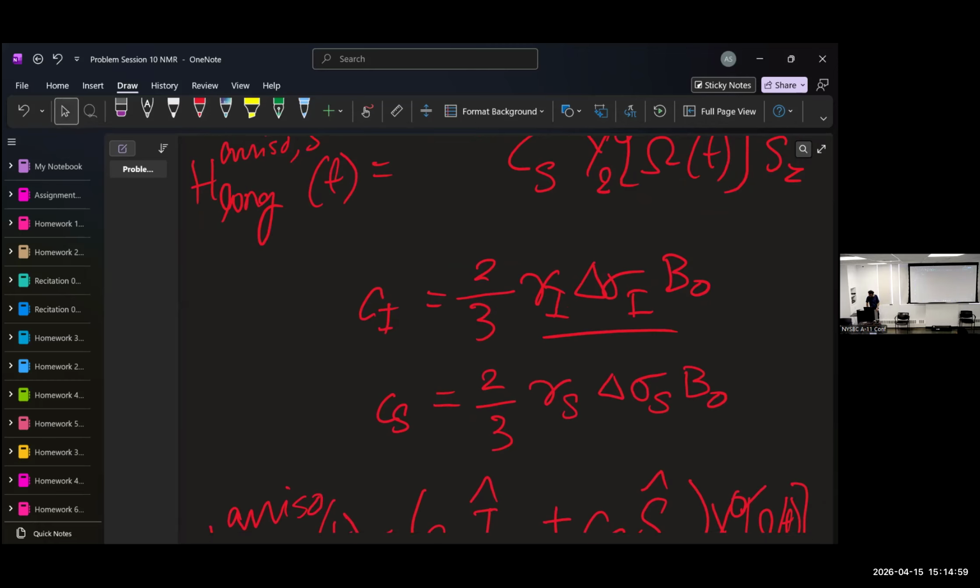You squared that and multiplied by the correlation time to get R2. So gamma delta sigma B naught is the fluctuation in frequency. This Y20, this orientation dependent term, goes into the correlation time, which for the rotational diffusion of the sphere takes on this value. So it is the variance times the correlation time, where the variance is a constant number, 4/45 or whatever, times delta sigma omega squared.